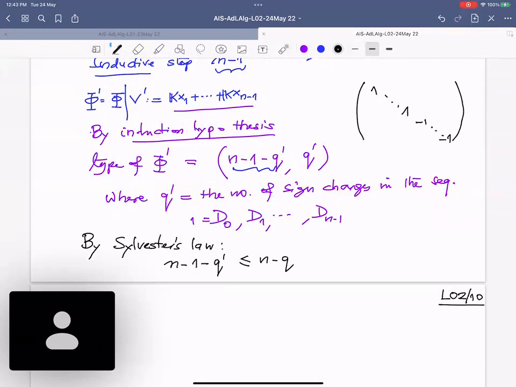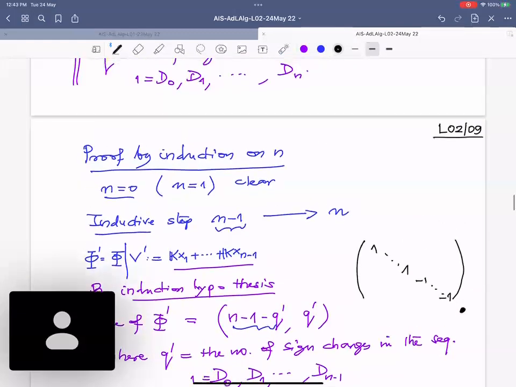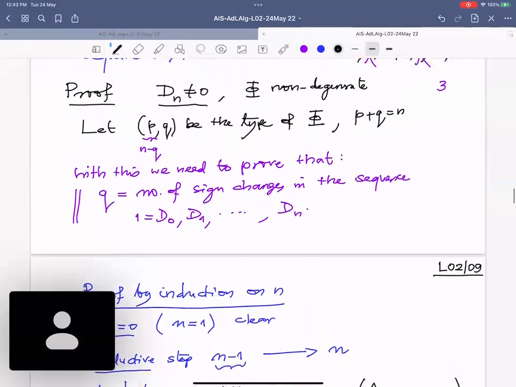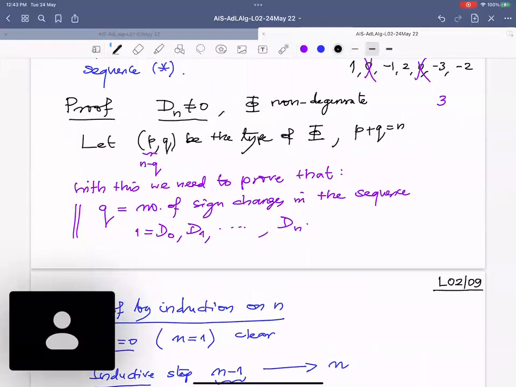And now when you go to phi, you have to add somebody here. Isn't it? You have to add somebody here. And what was n minus q? Our notation is n minus q is p.